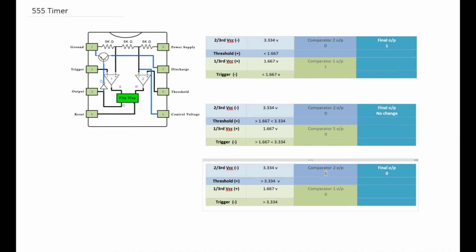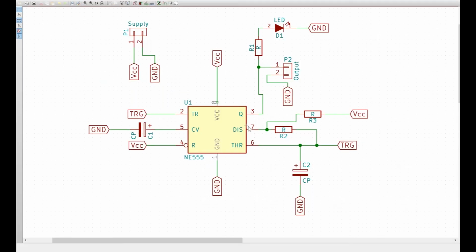When the output goes down to 0, this transistor over here is switched on and the discharge pin 7 is connected to ground. So this capacitor would now get discharged via the route of C2 and R2 and go into the discharge pin to the ground.